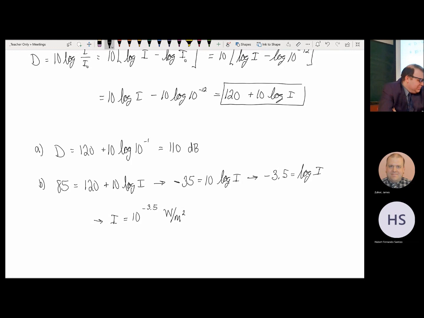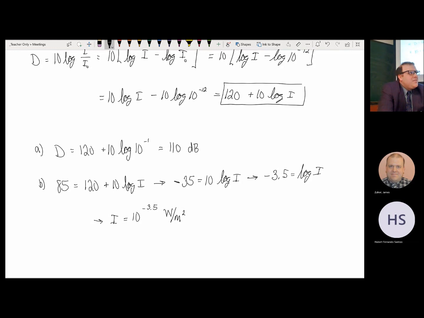So if it was 120 decibels, then it would be 10 log I equals 0. Log I would be 0. And now I'm really confused. What if it was 120 decibels instead of 85? So the intensity would be 1 watt per square meter.